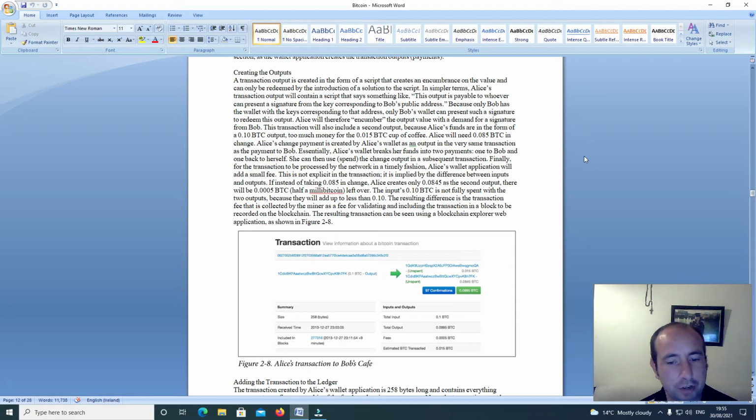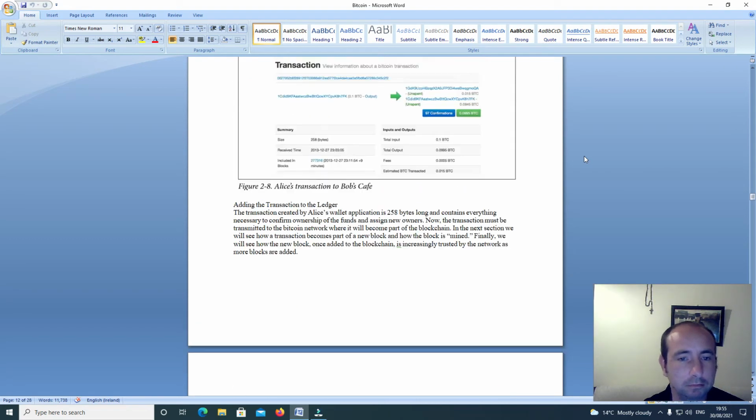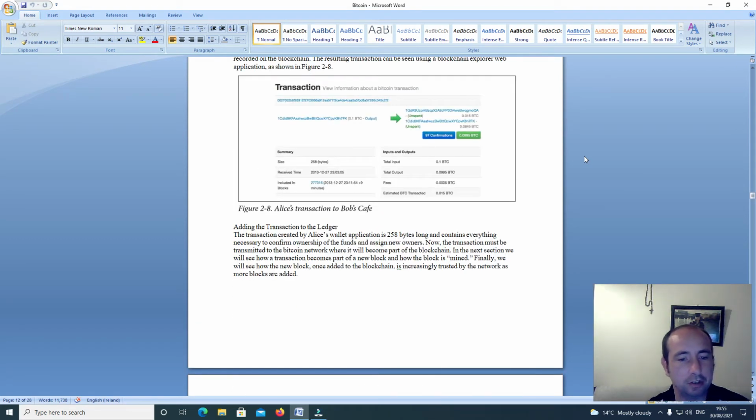The resulting transaction can be seen using a Blockchain Explorer application, as seen in figure 2.8. Adding a transaction to the ledger. The transaction created by Alice's wallet application is 258 bytes long and contains everything necessary to confirm ownership of the funds and assign new owners.